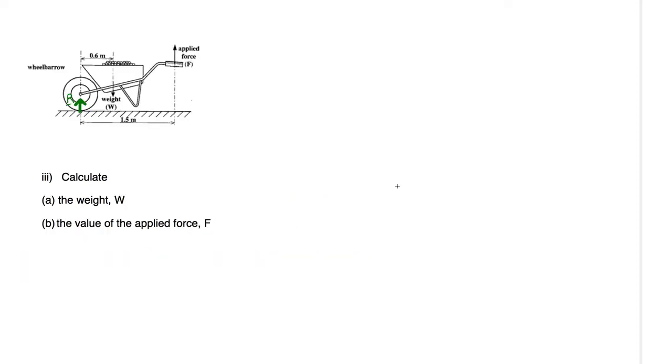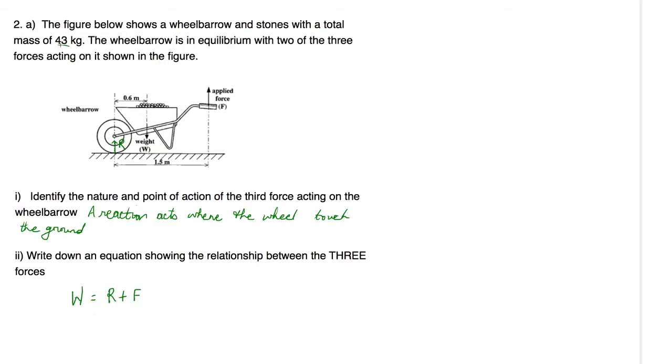Okay, continuing on, part 3A says calculate the weight W. So we know the equation to calculate the weight as W equal M times G. And they gave us previously that the mass is 43 kilograms.